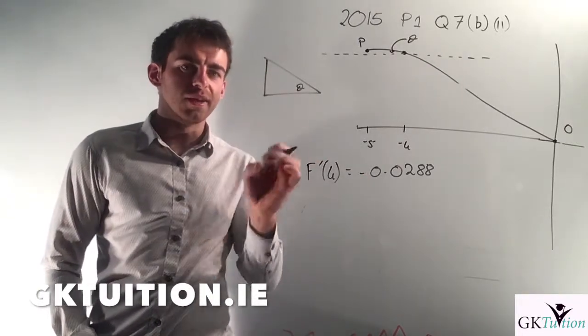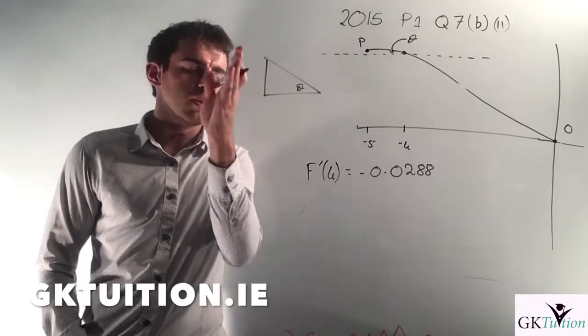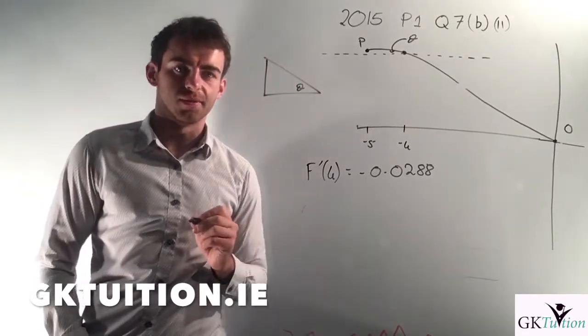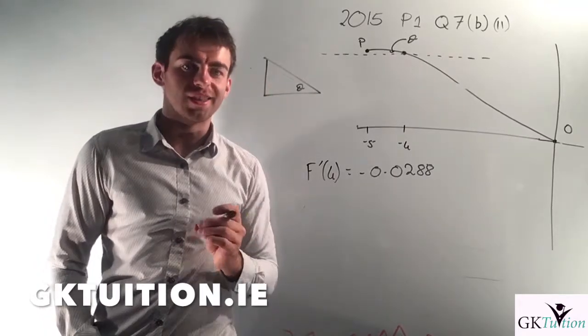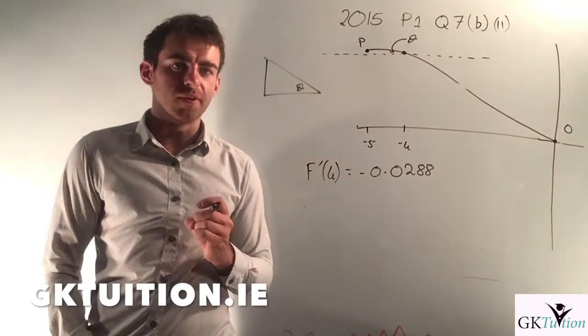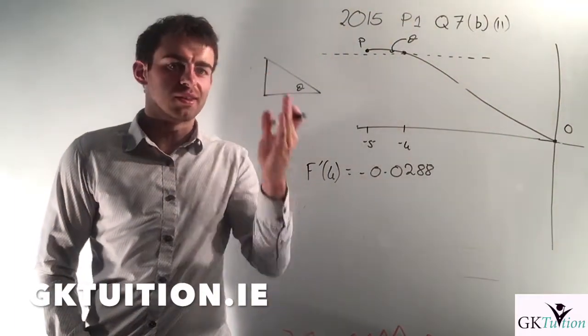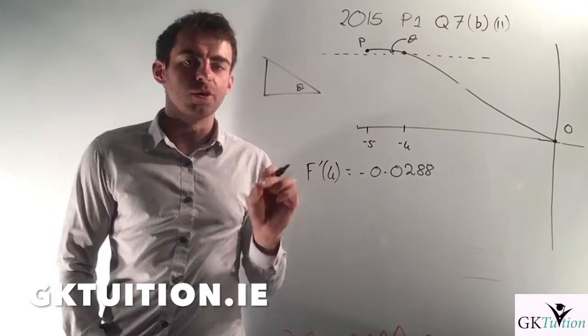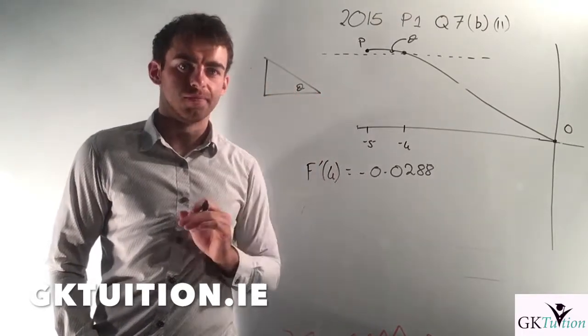But I want you to recognize that the rise over the run, if this was a right angle triangle, is the opposite over the adjacent. And the opposite over the adjacent is the tan of the angle. So when you get your first derivative, not only are you getting the slope, you're also getting the tan of the angle that the function makes with the horizontal line.